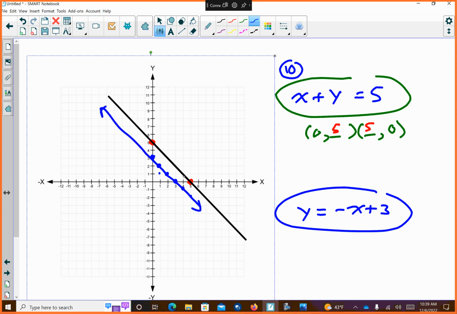Do they cross? No, so infinite. Nope. Or no solution. So these are parallel. So they won't cross. So no solution. If it was the exact same line lying on top of itself, it would be infinite solutions. So I don't know if we'll come across it. Maybe we will. I don't know.